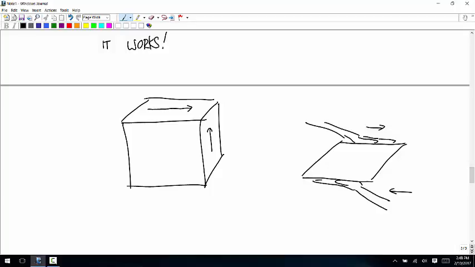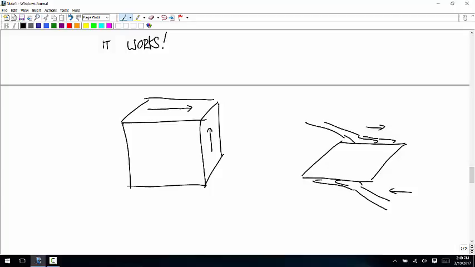If I take this box and do this, that's pure shear. Okay. Any other questions?